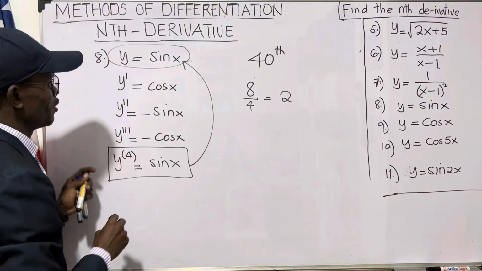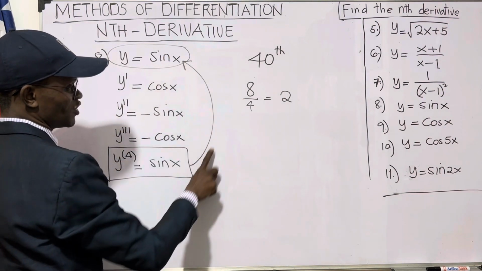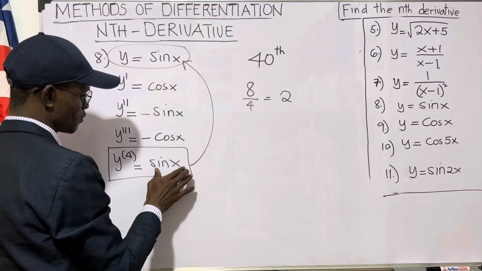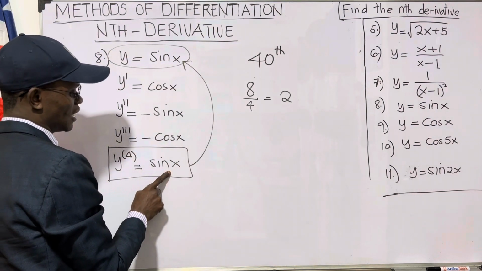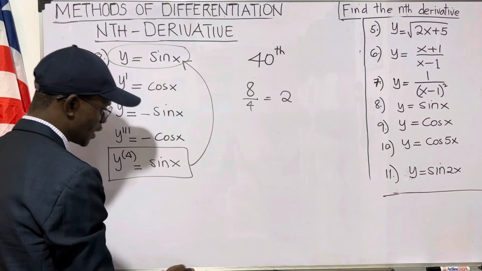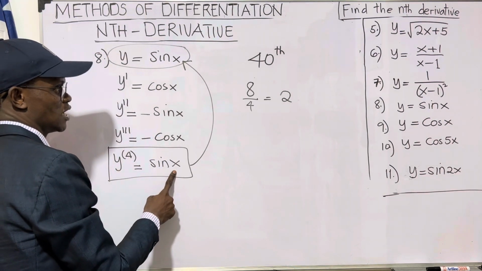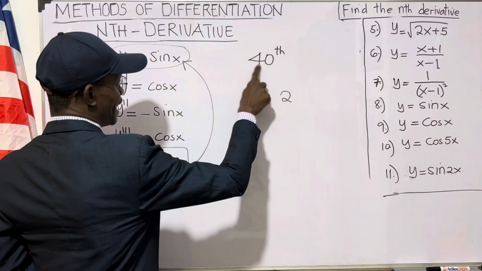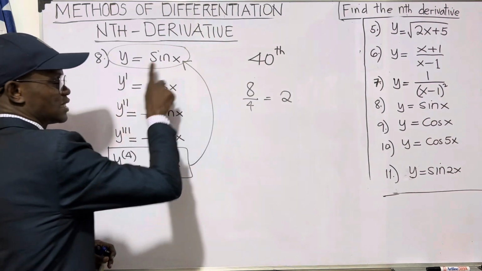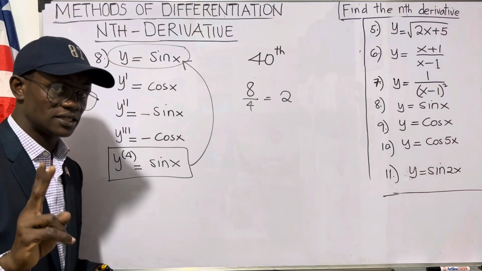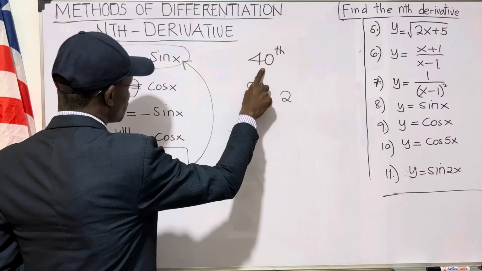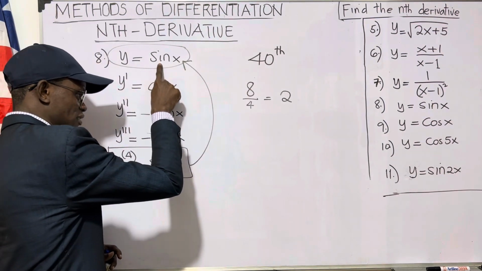So it means we are going to go around this cycle twice. We differentiate the first time, we reach 4, we get sine of x. If we find another 4 derivatives, we come back to the same sine of x. So as long as 4 can evenly divide that number, the answer is just sine of x.